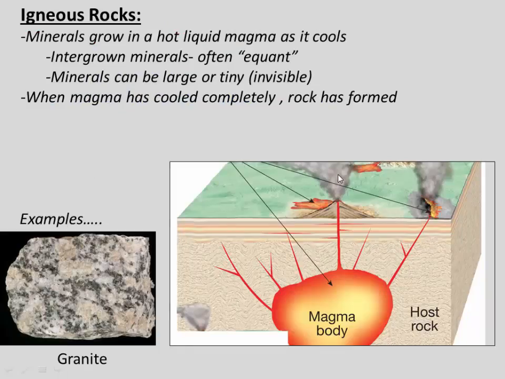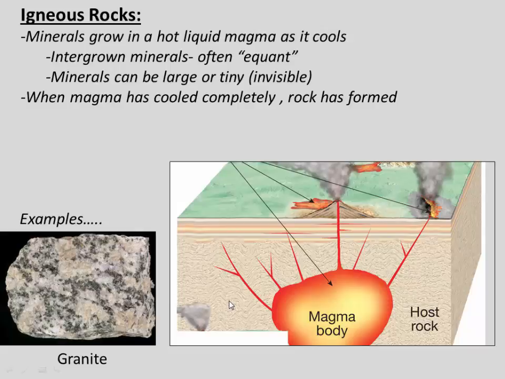All right, so the first rock type is igneous rocks. These are rocks that form as a liquid magma cools. And as that magma cools, crystals start to grow by piecing together elements like silica and oxygen into a crystal structure.